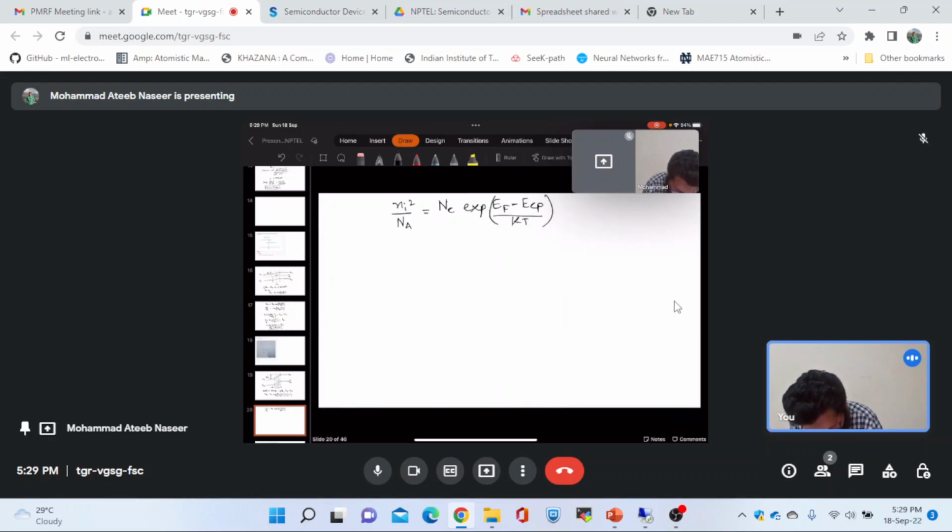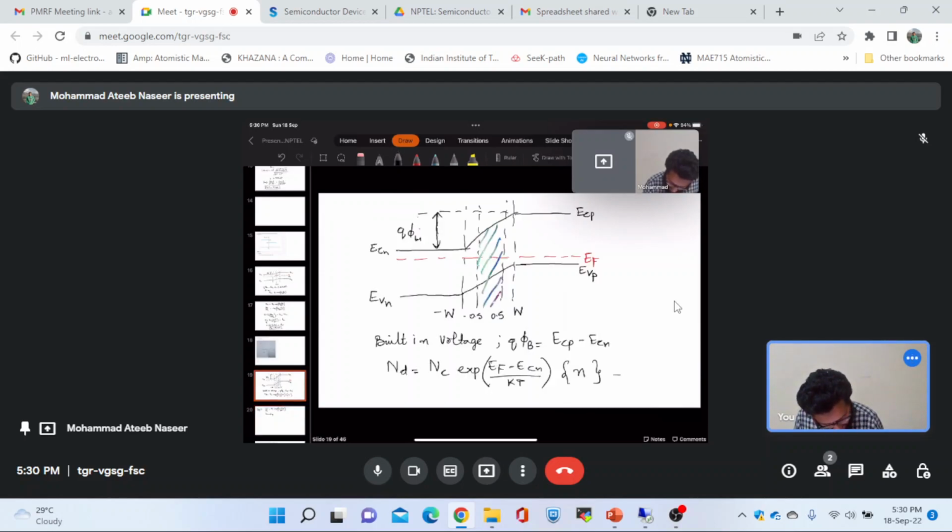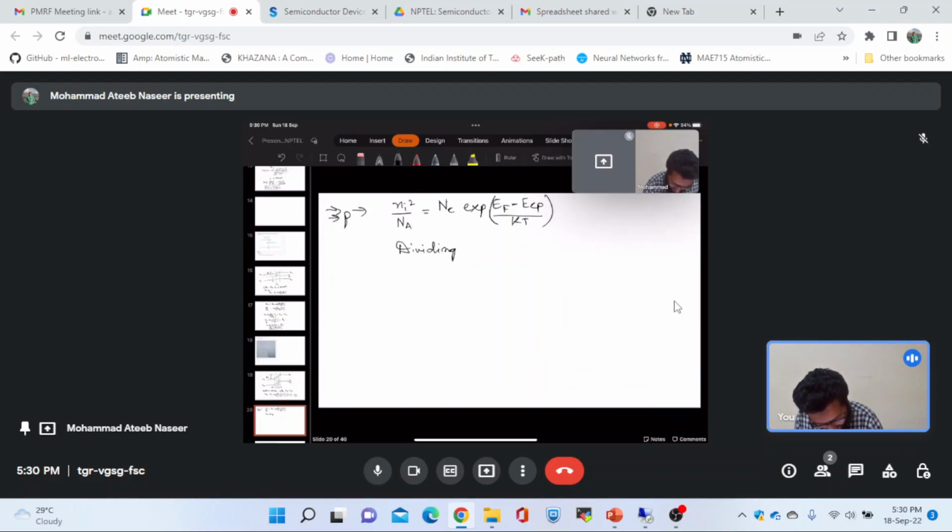This will be P for P. Now, if I divide these two, let me write it down as A and this as B, A by B. It would mean that I will be having NA ND by ni square.